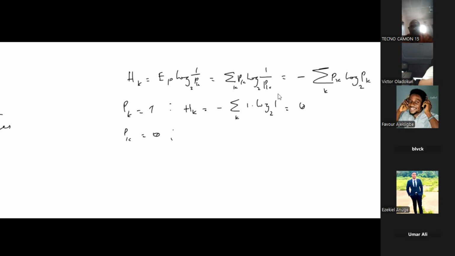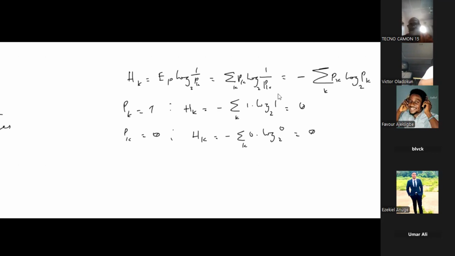Now, if it is an impossible event, then we have sigma k 0 log 0 base 2. 0 times this will give us 0. So technically, we are saying that the entropy is going to be 0 if the event is sure or impossible, meaning there is no average information.